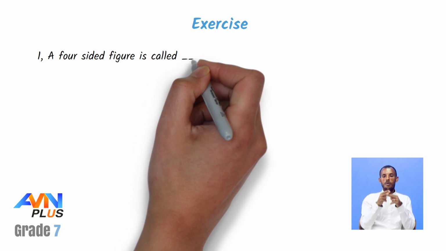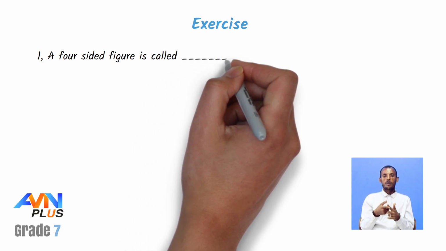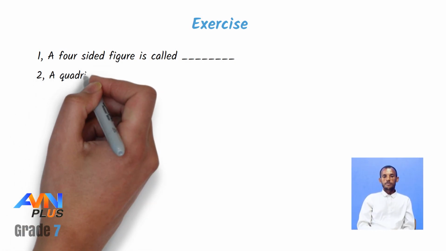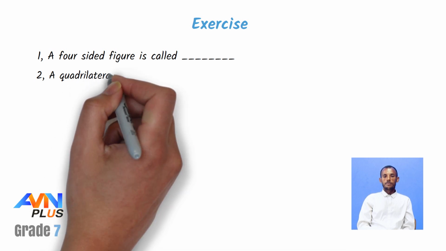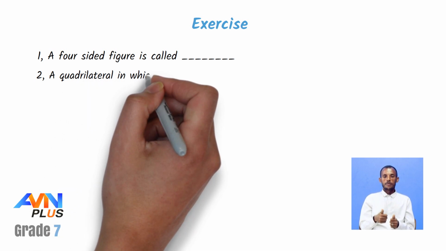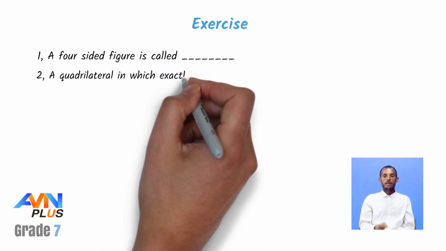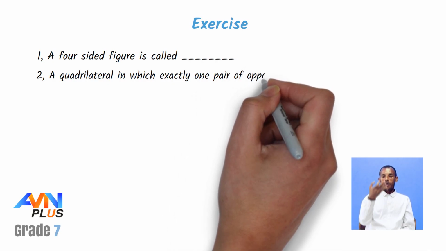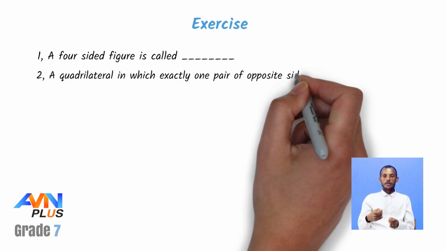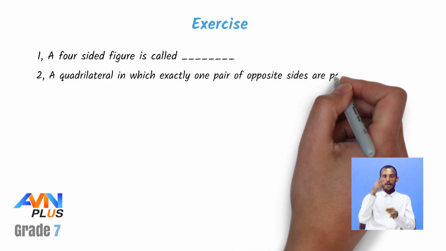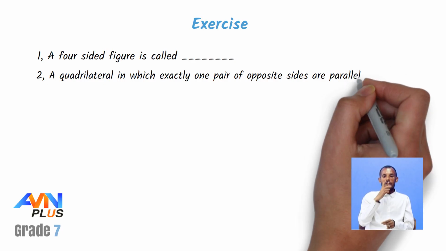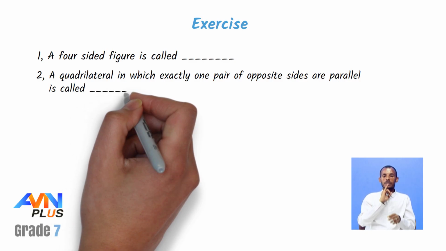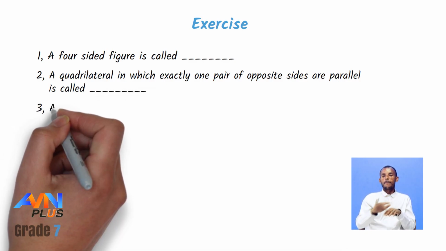2. A quadrilateral in which exactly one pair of opposite sides are parallel is called blank. 3.